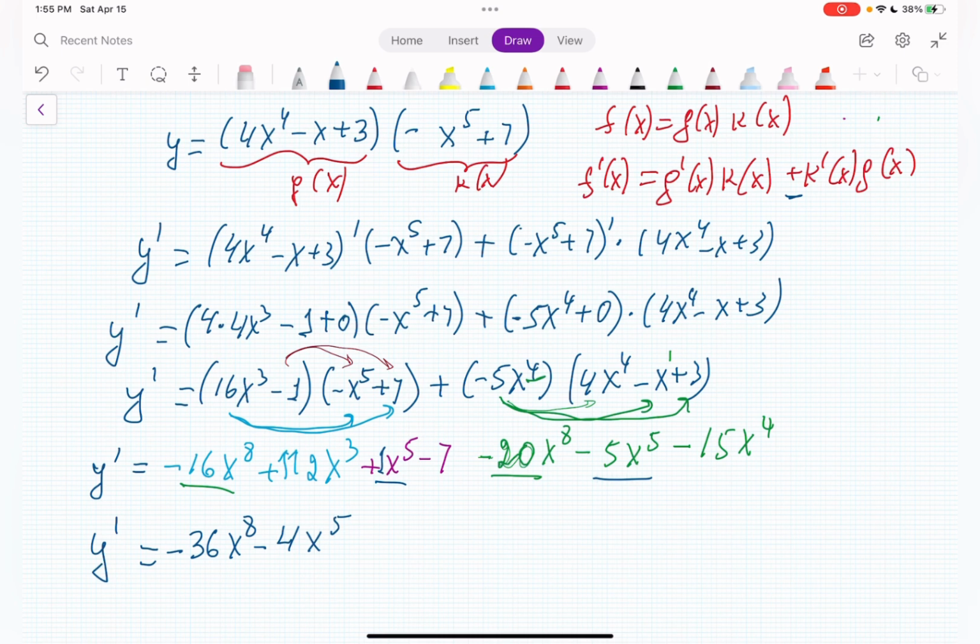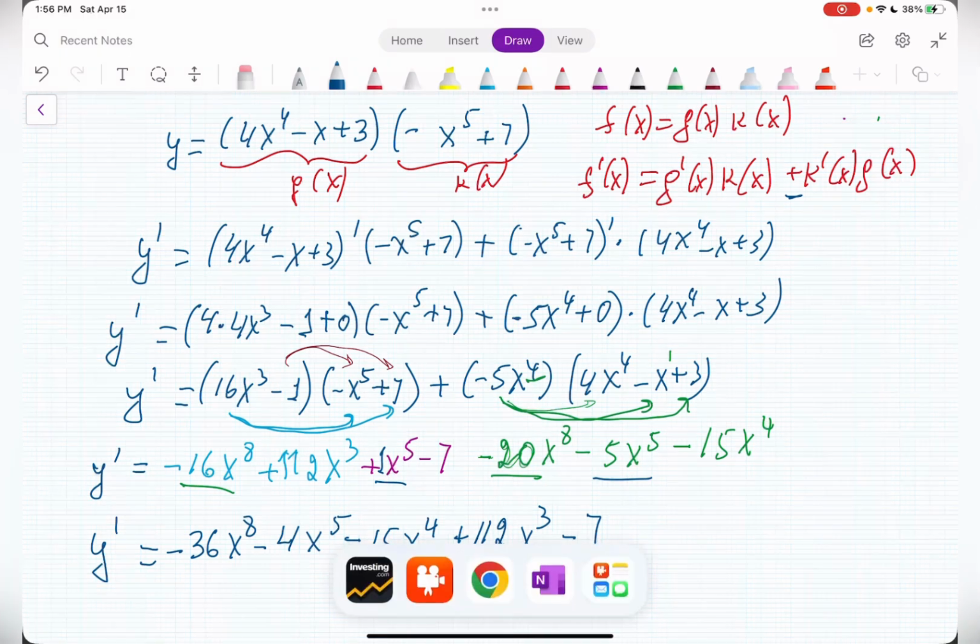So I'm writing down next the degree 4, which is minus 15x to the 4, and then plus 112x cubed and minus 7. And this is going to be our answer. So let me take a picture of it so I can enter it. Okay, let's place the answer.